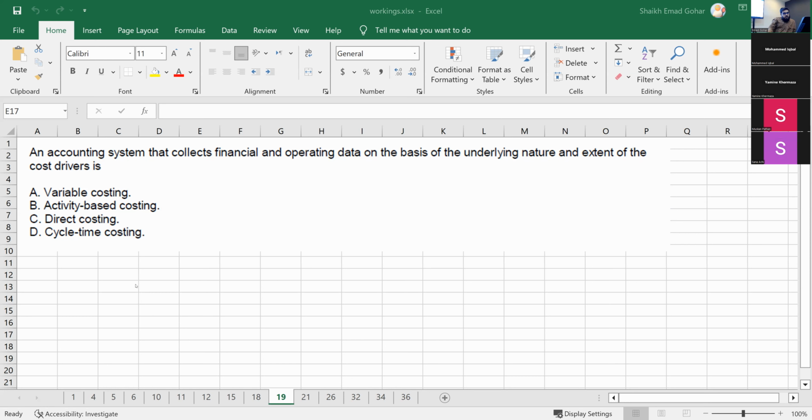By the way, what is cycle time? There is nothing called cycle time costing, but there is a terminology called cycle time. What is cycle time? Cycle time is the amount of time that the customer waits for their order after they place the order.